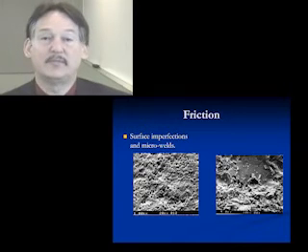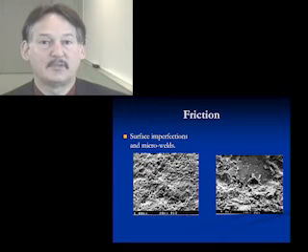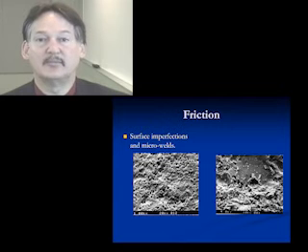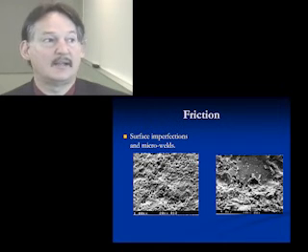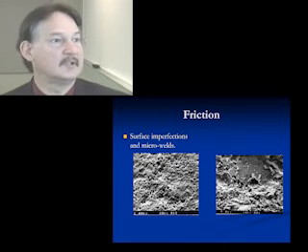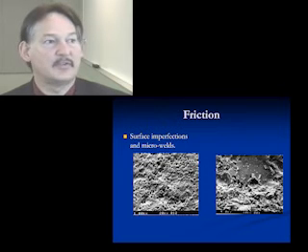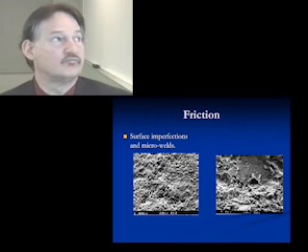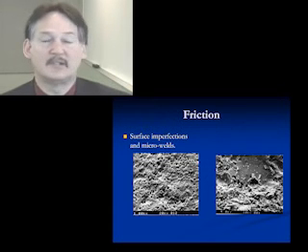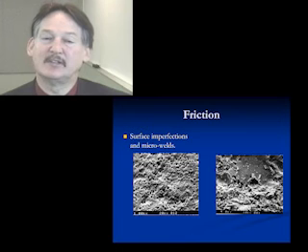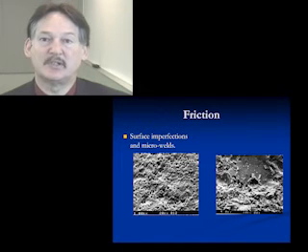Now, on a fundamental level, friction is a result of microscopic imperfections, micro welds, and here we see just a couple of electron photomicrographs showing the surface of a metallic substance. So you can imagine having two pieces of this material.